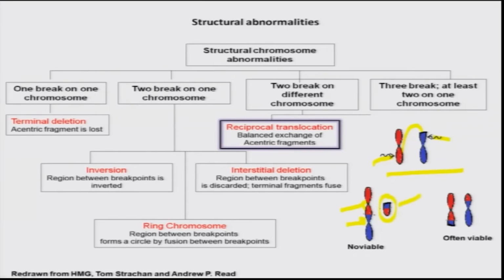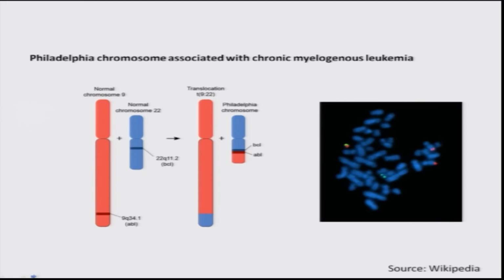This part is lost and cannot survive in cell division, and such events really affect the way the genes function. These are rarities. You may see them in certain cell lines, but it would be very difficult to see them in individuals because such abnormalities are very lethal, and the embryos don't even survive. But such conditions are seen in individuals. There may be a few cells that carry that.